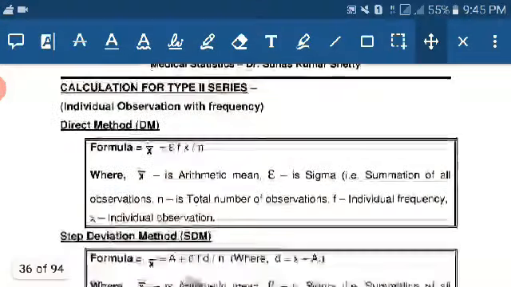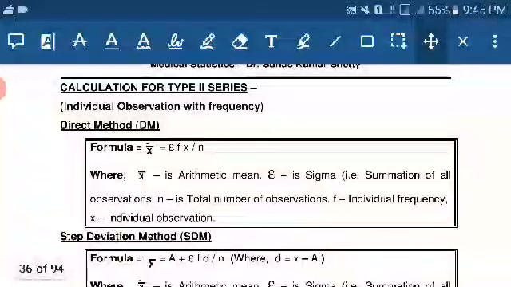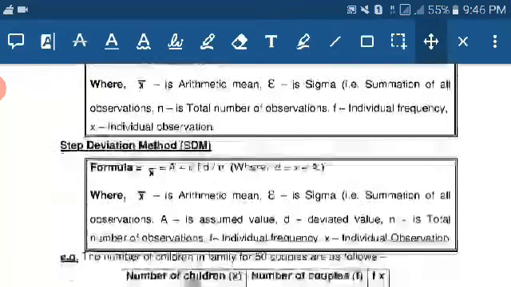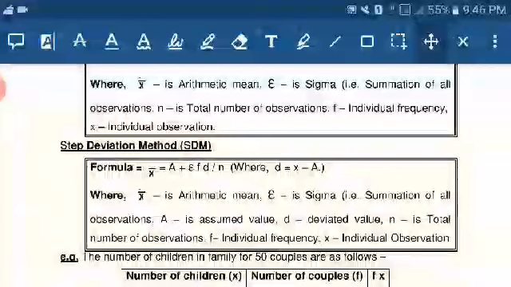This arithmetic mean of the given data, 4.5, is calculated by the step deviation method. Now the type 2 series, individual observations with frequency. Direct method: arithmetic mean equals sigma f x divided by the total number of observations. Step deviation method: mean equals assumed value plus sigma f d upon the total number of observations.